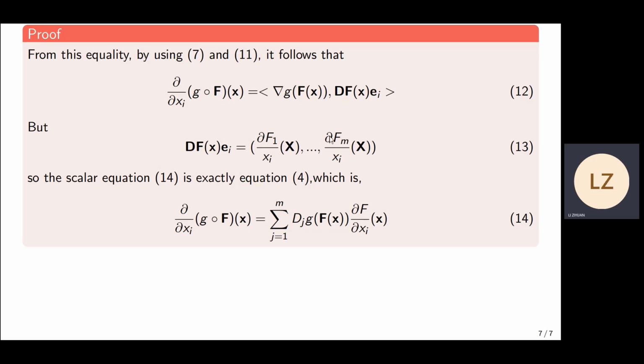But it's still different from the original equation. However, Df(x)ei here is equal to the vector of the partial derivatives of f1 through fn at x over xi. So the scalar equation from 14 we obtained is exactly equation 4, which is this one. So we finish the proof.